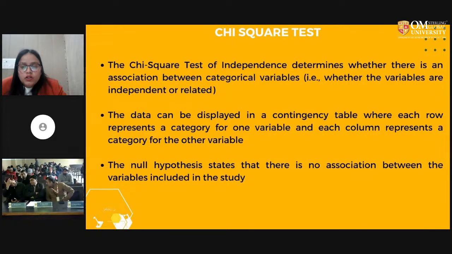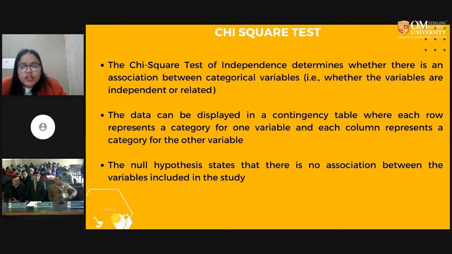But here I am including the test of independence. Independence means we have two variables, and both variables are categorical in nature, either nominal or ordinal. In that case, you want to find out the association between those two variables.